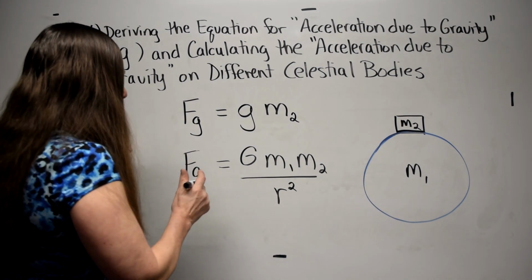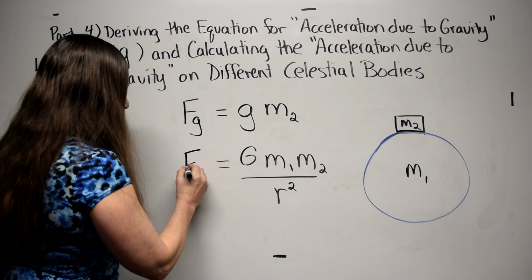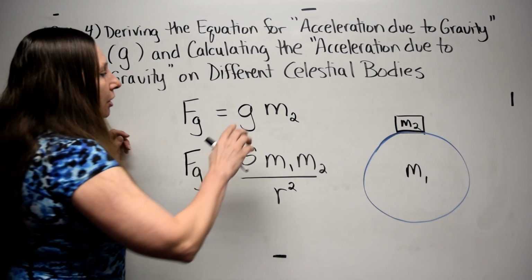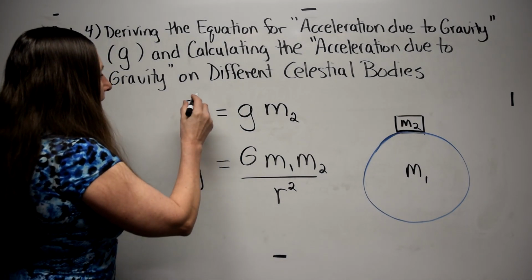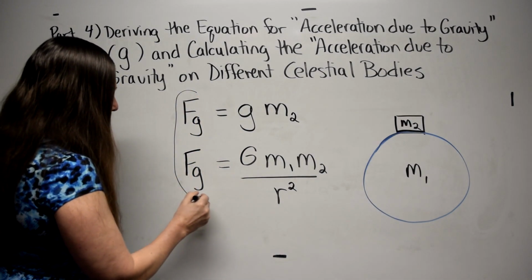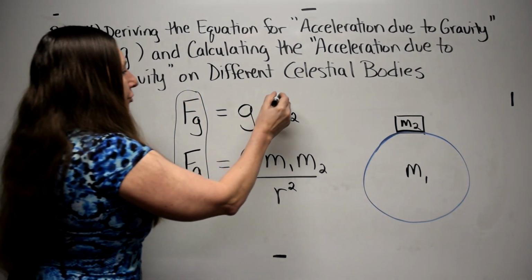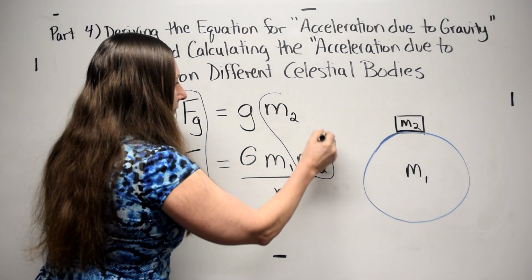Now, what you see very easily when you switch the m and the g, as we've done here, is that the two F's line up and the two m2's line up.